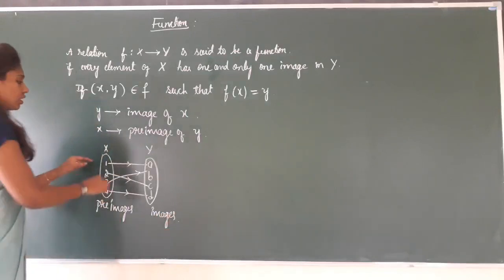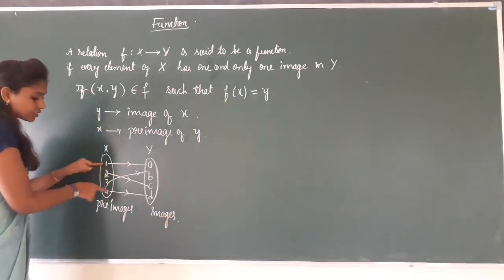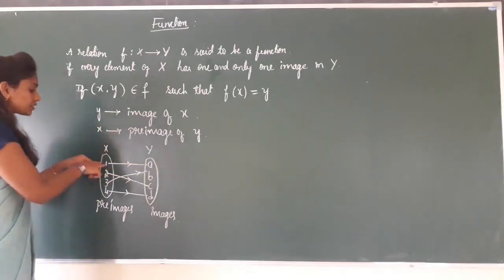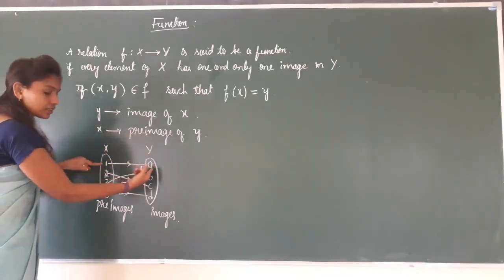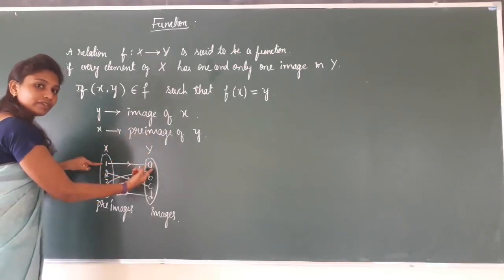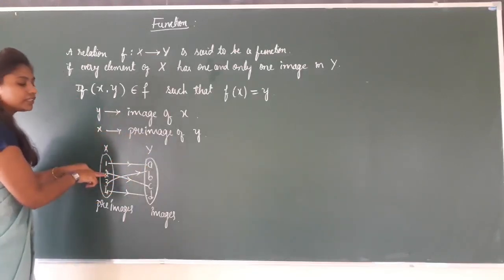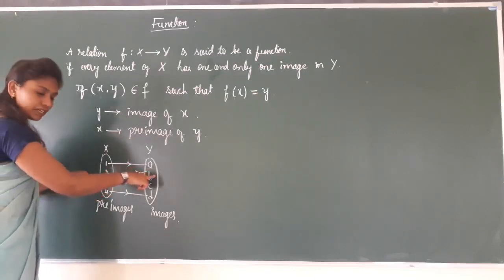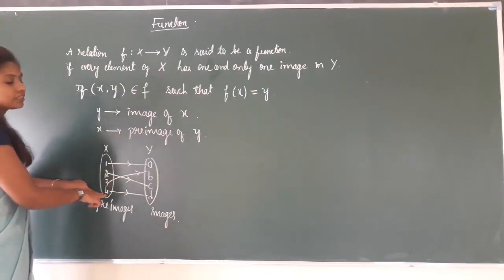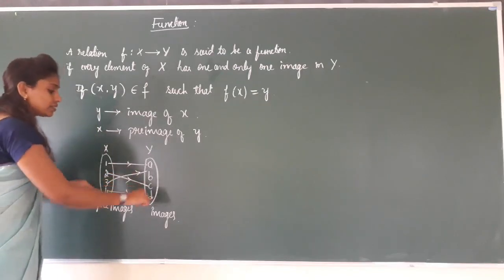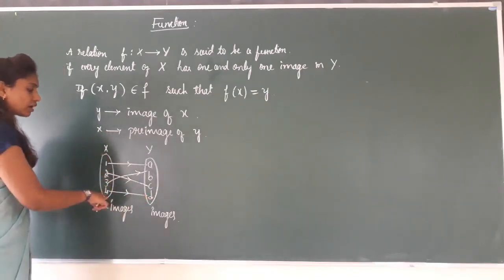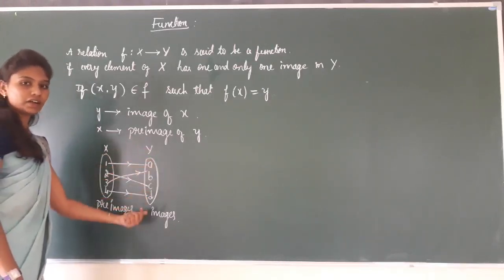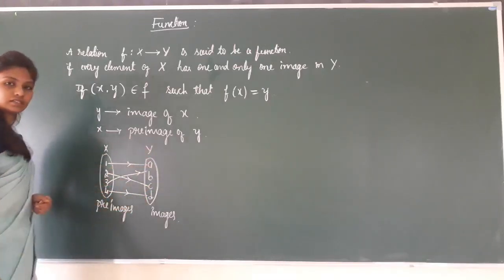So all the elements of this set X have only one image. 1 has the image A, only one image. 2 has the image C. 3 has only one image, that is B. 4 has the image D. All the elements have only one image in Y. So this is a function.